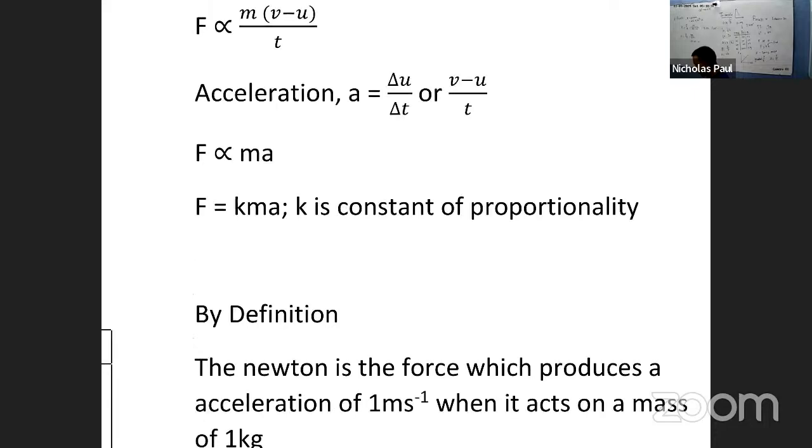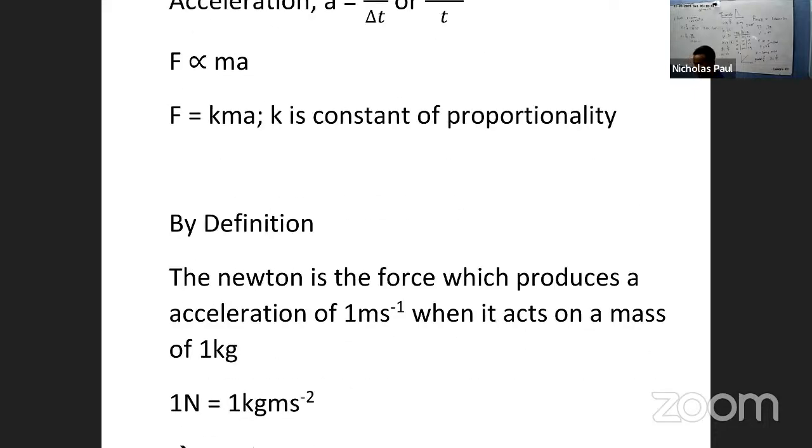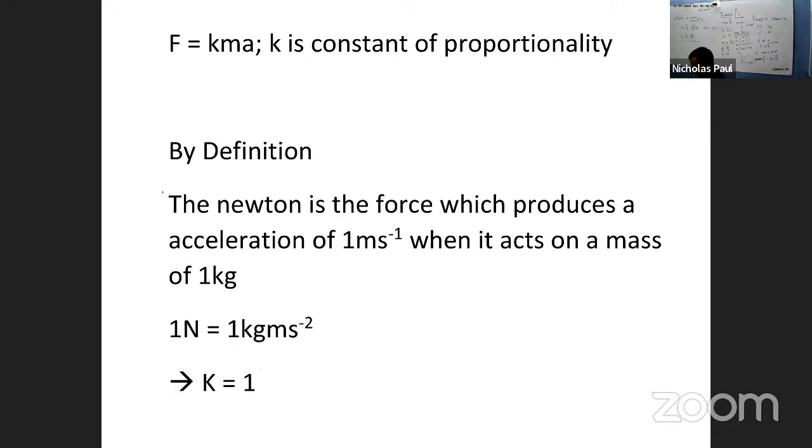Know that k is a constant, but we need to remember how you get rid of that k. By giving it a definition. If you look at the definition, 1 newton is the force which produces an acceleration of 1 meter per second squared when a mass of 1 kilogram is acted upon.